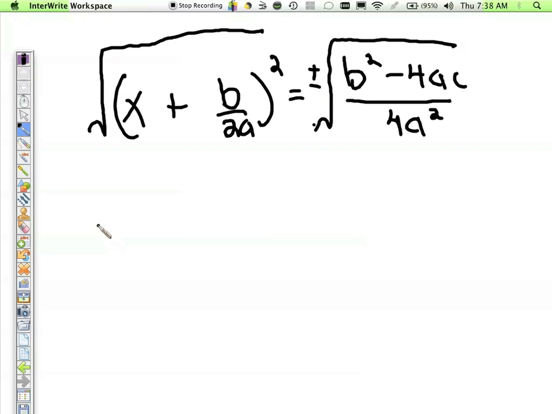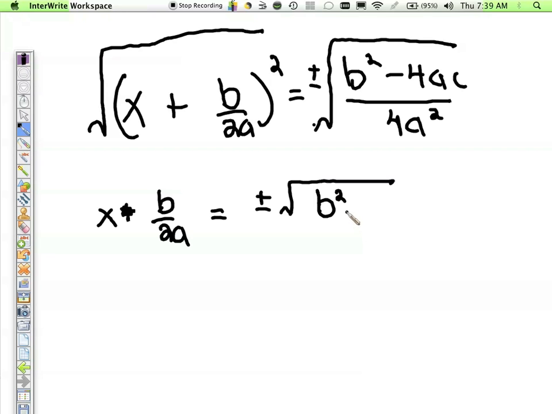So on the left, x plus b over 2a is equivalent to plus or minus the square root of the top of the fraction, b squared minus 4ac, over the square root of the bottom of the fraction.